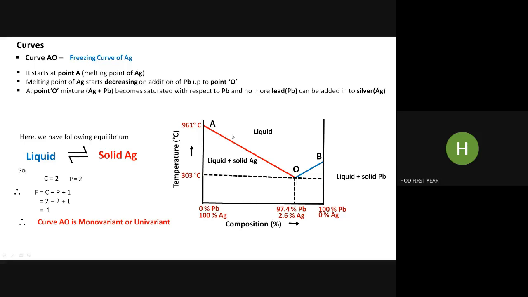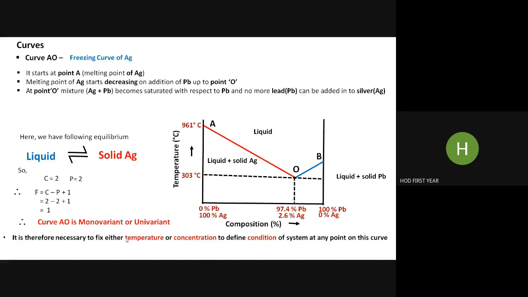What is the meaning of univariant or monovariant? Curve AO is univariant, what does that mean? Degree of freedom is 1, what does that mean? The interpretation is it is necessary to fix either temperature or composition in order to define the condition of the system at any point on this curve AO. It is just like what we did in the water system.